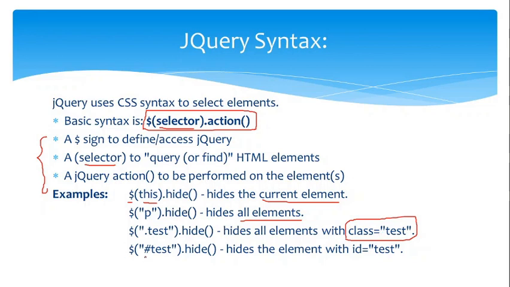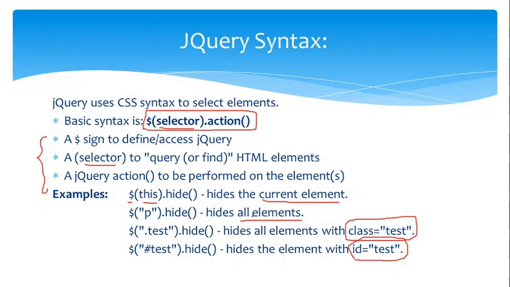If you use hash test dot hide, then all the elements wherever the test id is used will be hidden. So these are different ways to hide elements. If you write this dot hide, it will be the current element.